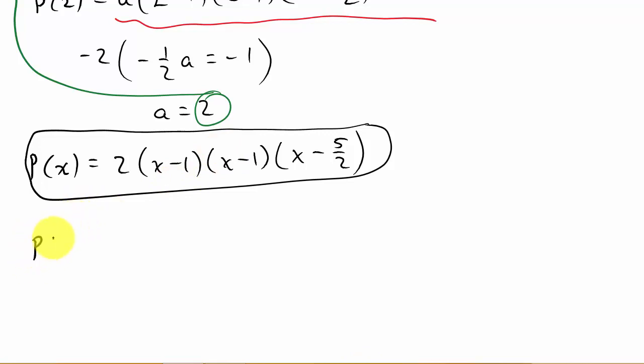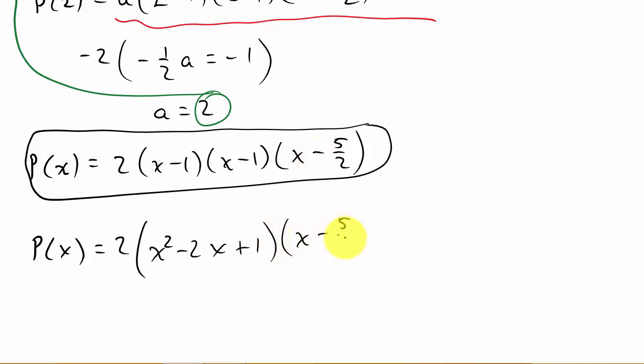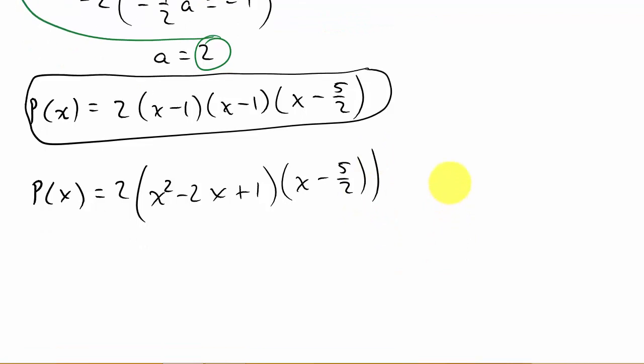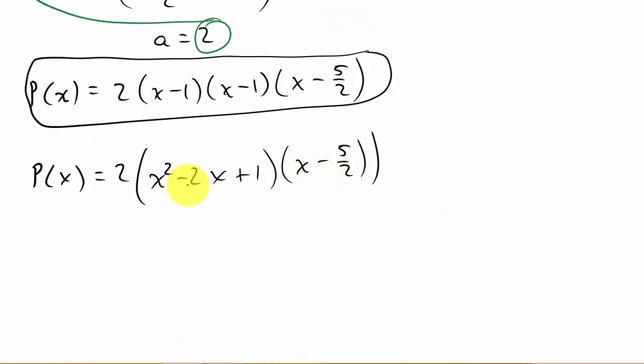Alright, so p of x is equal to 2 times, now let's fold this out, so that's x squared, and then negative x times negative x plus negative x is minus 2x, and negative 1 times negative 1 is plus 1, and then times x minus 5 halves. Then we need to multiply these now.